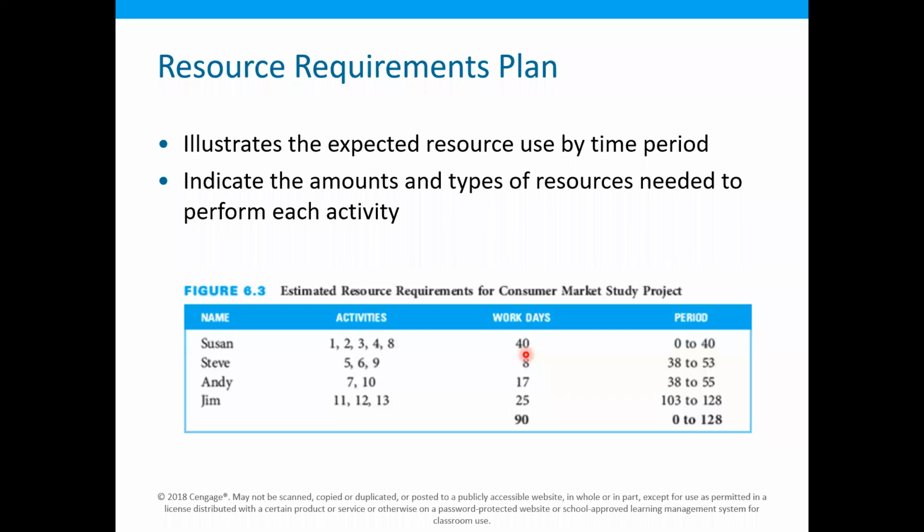For example, maybe X number of days for activity 1, Y number of days for activity 2, and Z number of days for activity 3, plus the durations of the other 2 activities. That total number of days needed for that resource is equal to 40.